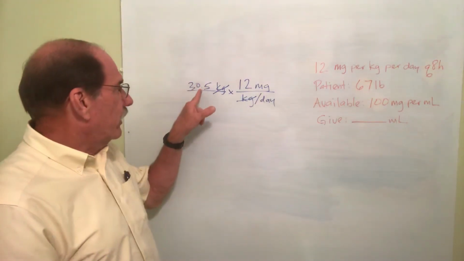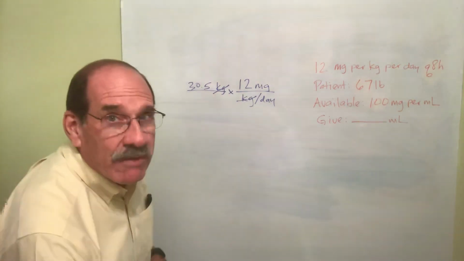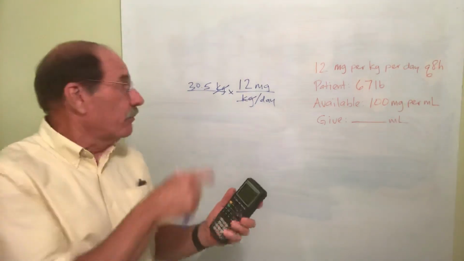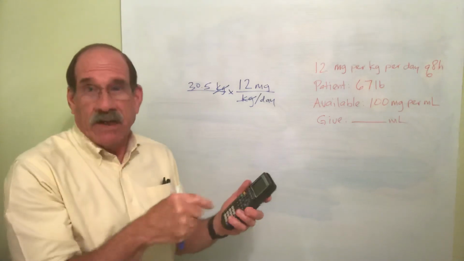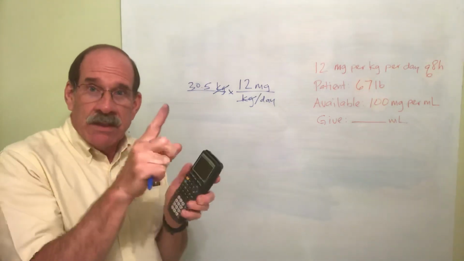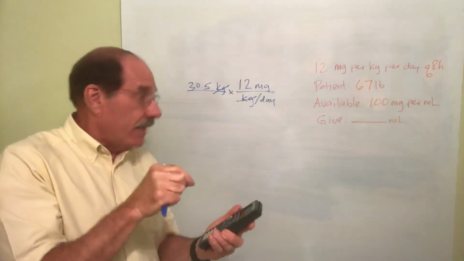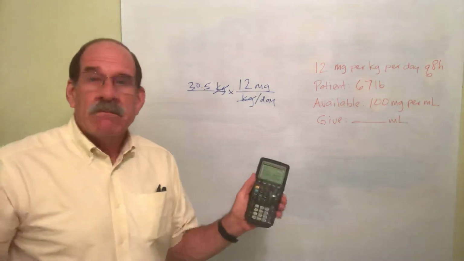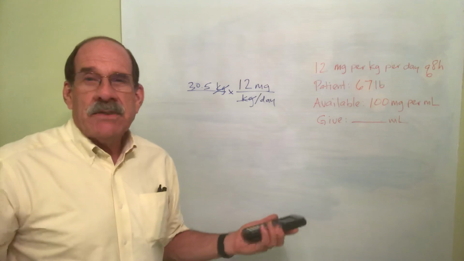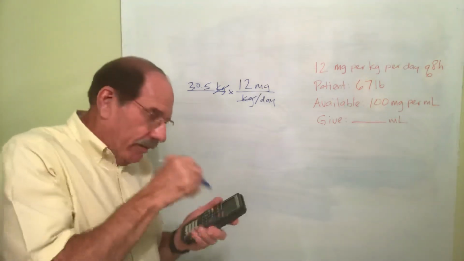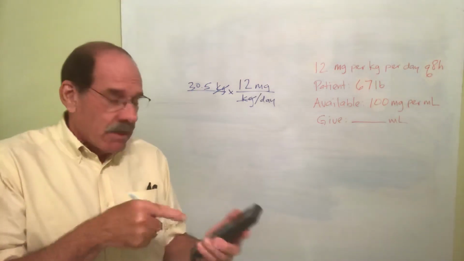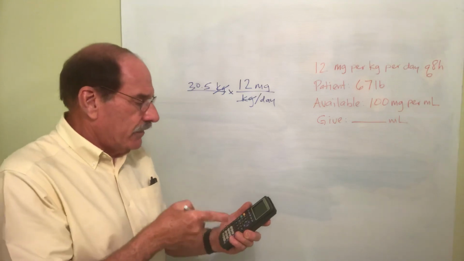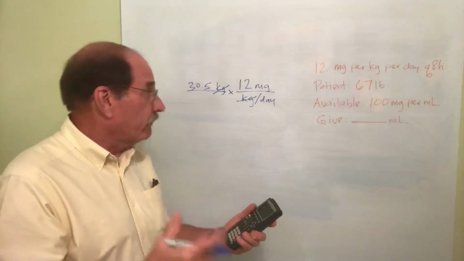Now I must multiply this times this. Well, I've already got the exact number 30.454545 in my machine. Then just say times 12 equals. See that? Skipped a step. You didn't have to put it back in there. It was already there. Now the answer is 365.454545.